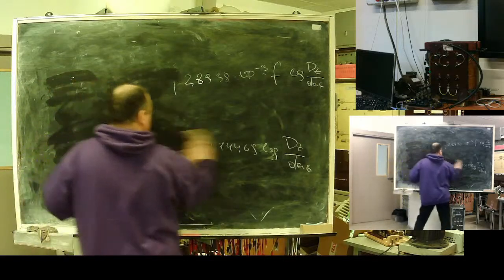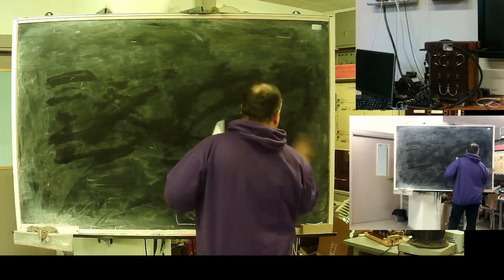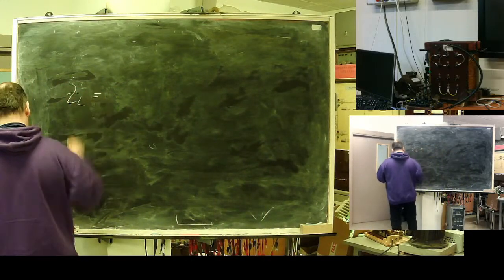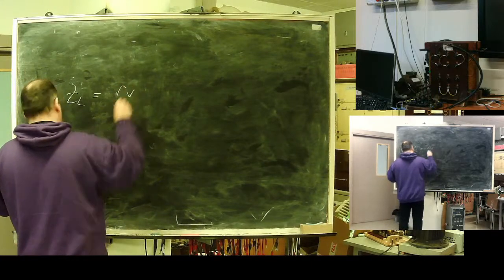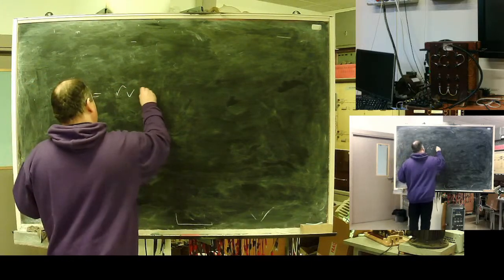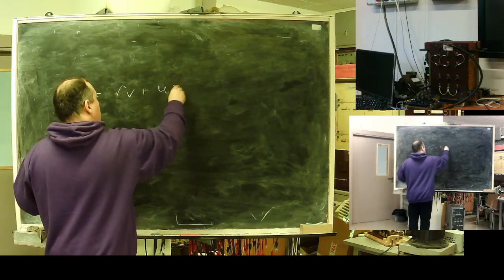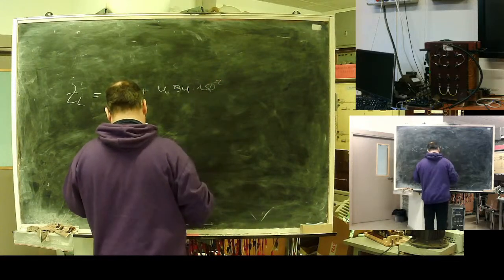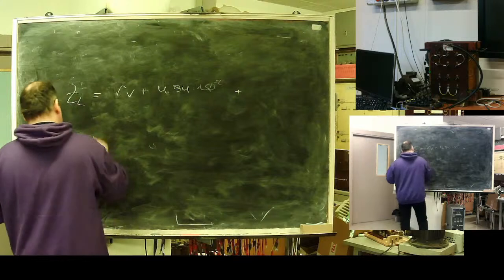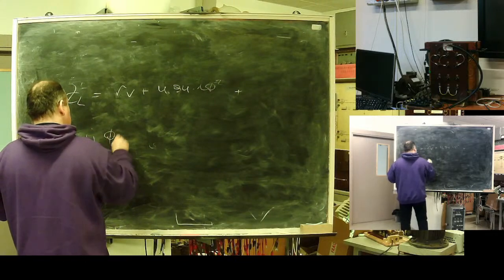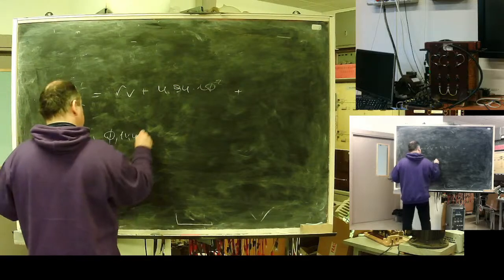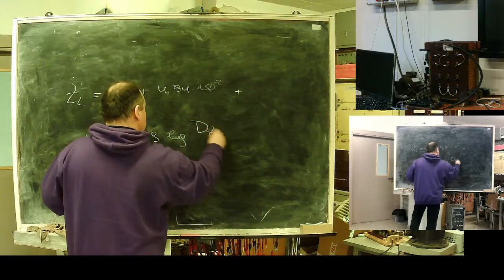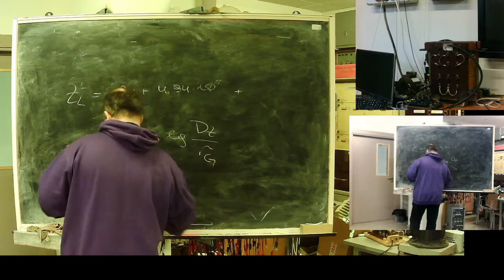Okay, from this one, ohm can be found. So ohm or self will be L1 plus 4.94 multiplied by 10 to the minus 2 plus 0.14469 decimal logarithm divided by GML.